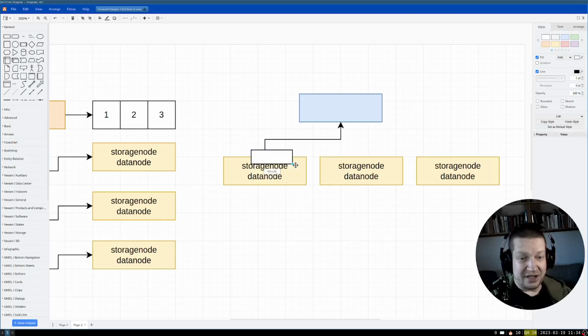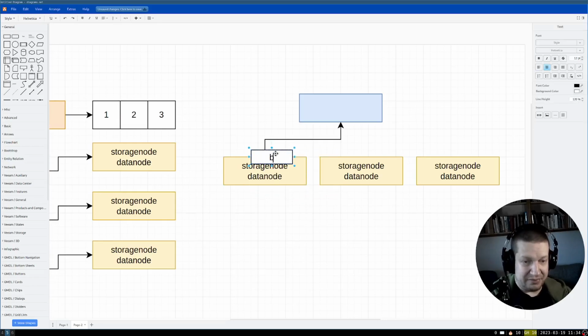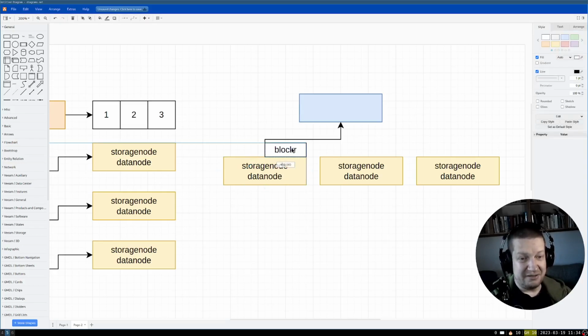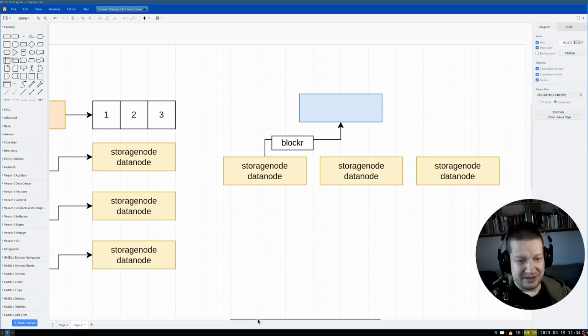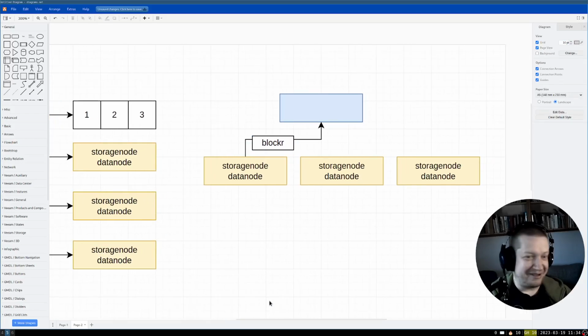In HDFS, this is the block report, which is a very huge list of every single block, especially if you have small files. Originally, Hadoop is designed to store big files, but if you have small files because you stream, it's a lot. There are some optimizations like incremental block reports, but that's how it works.